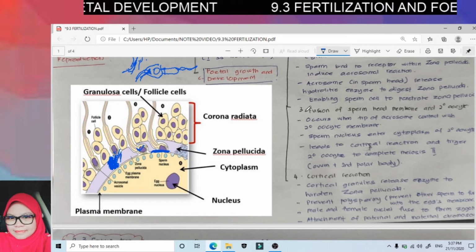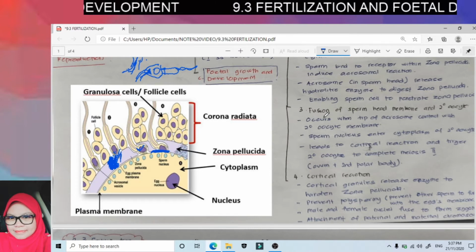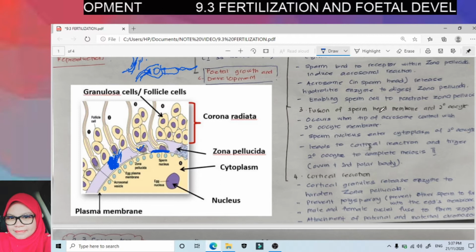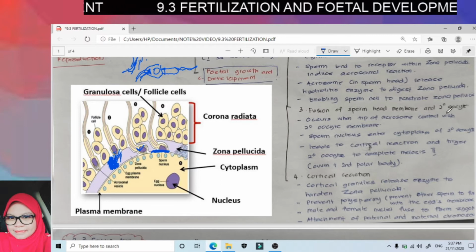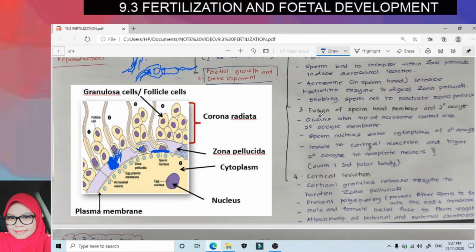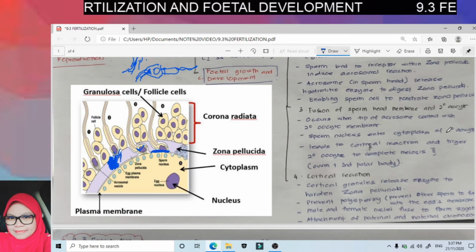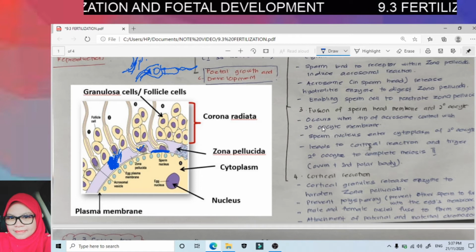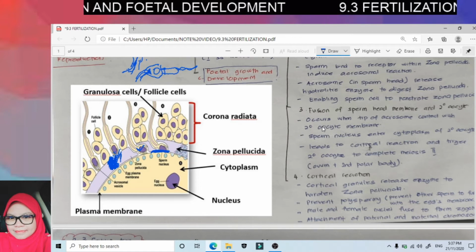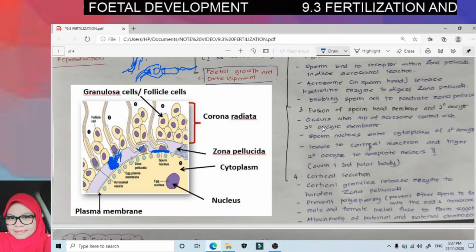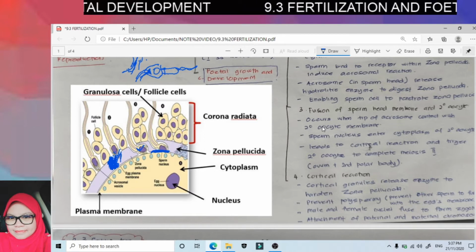So this, the third stage, is the fusion of the sperm head membrane and secondary oocyte. Fusion occurs when the tip of the acrosome contacts the secondary oocyte membrane.